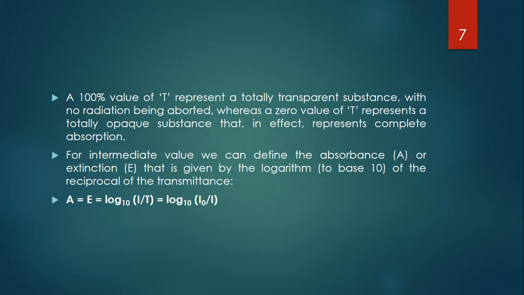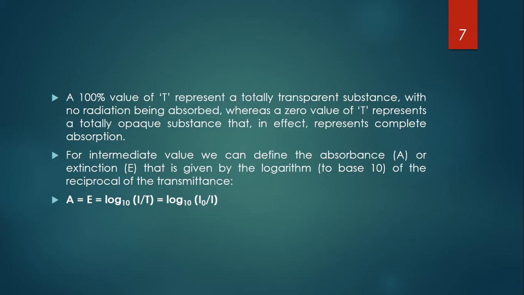So T represents transmittance, 100% value of T represents a totally transparent substance with no radiation being absorbed, whereas a zero value of T represents a totally opaque substance, that is the substance which represents complete absorption.